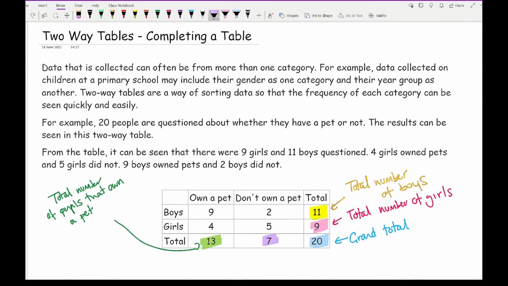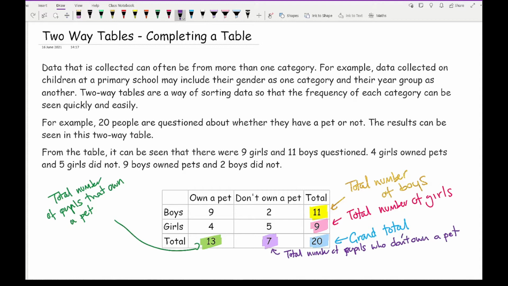And this number here will represent the total number of pupils who don't own a pet. And so it's really important that you're able to establish that although we've got lots of totals for each of the columns and rows, they all represent different amounts, and the grand total is the number that's located in the bottom right hand corner of your two-way table.